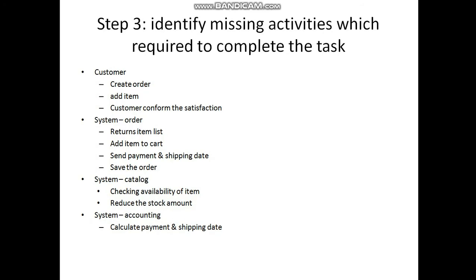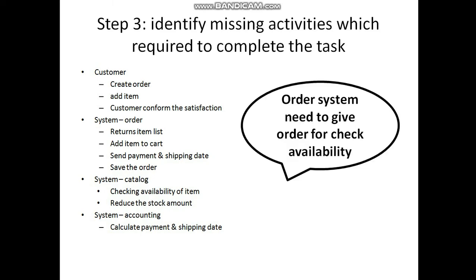Step 3. You can see here the flow of activity is not complete. According to the third step, we need to complete the flow. First, to check the availability of a given item, the catalog unit requests an order from the main system.